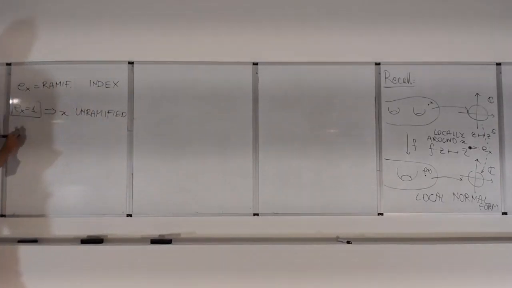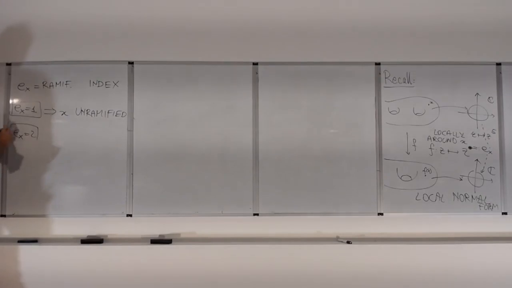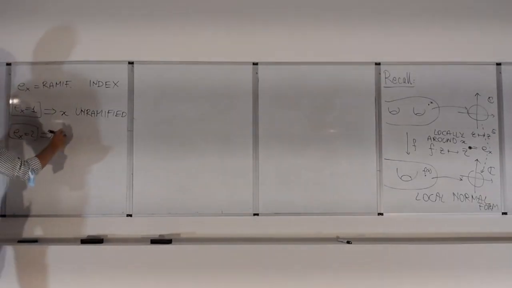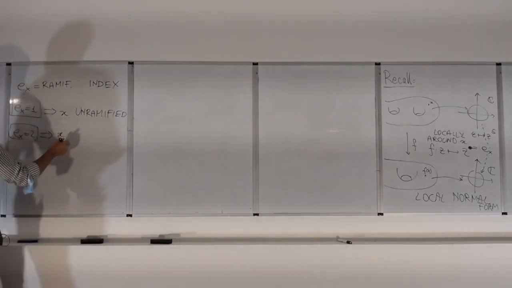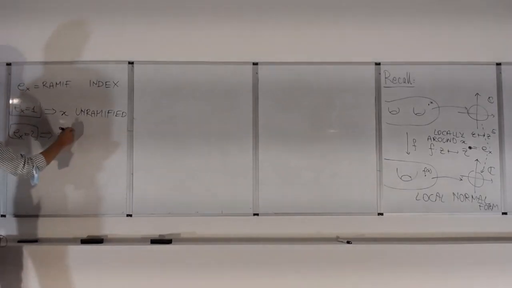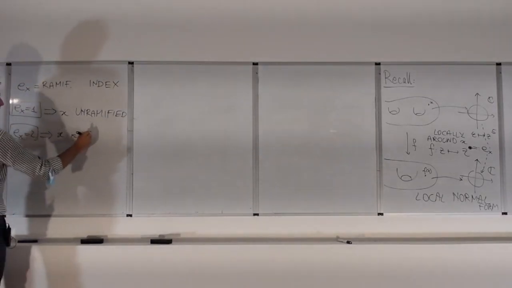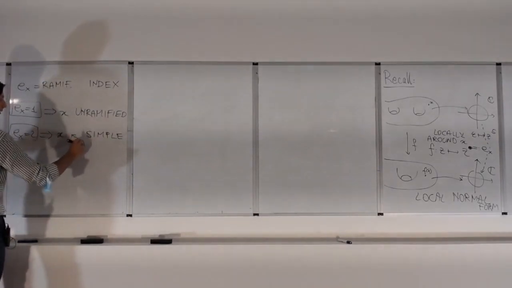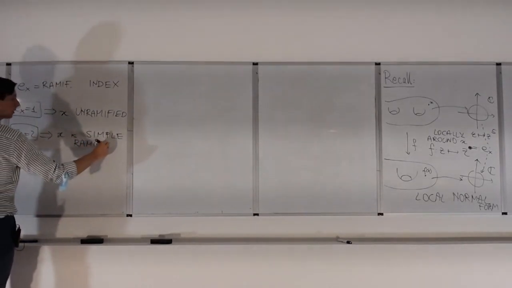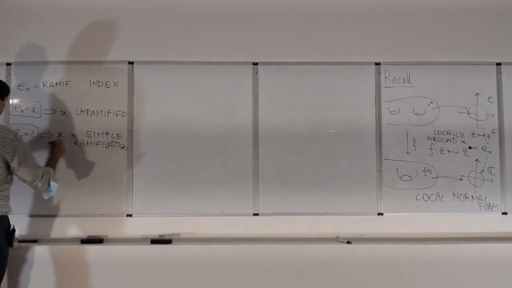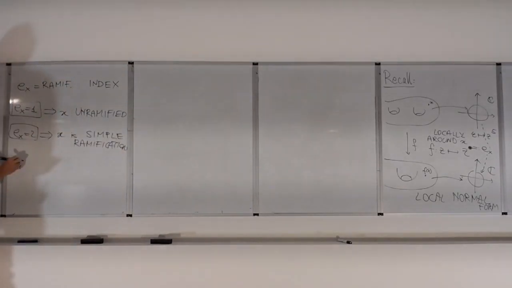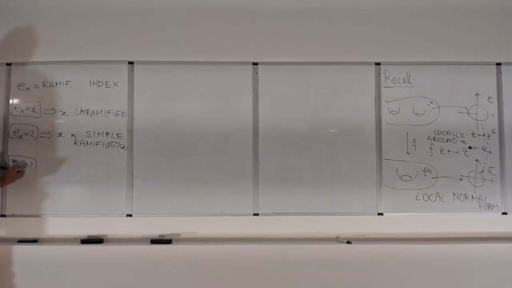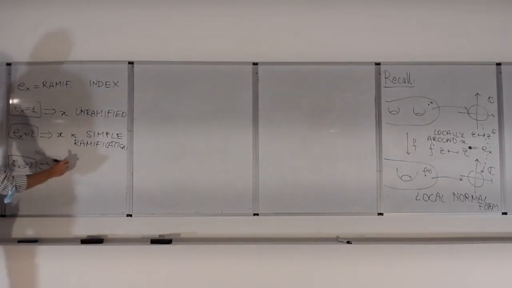If E_x is equal to 2, I want to say that x is simply ramified, so it's a simple ramification.